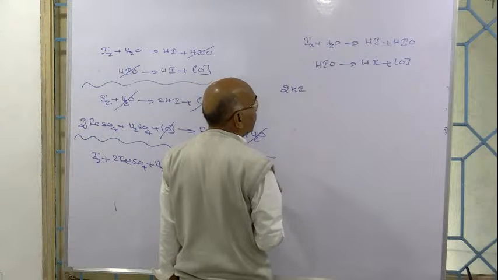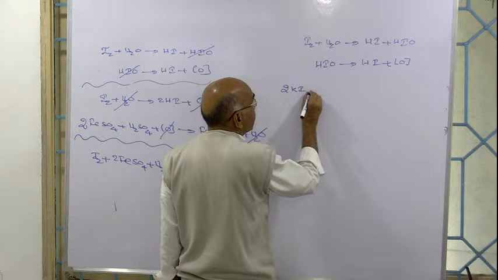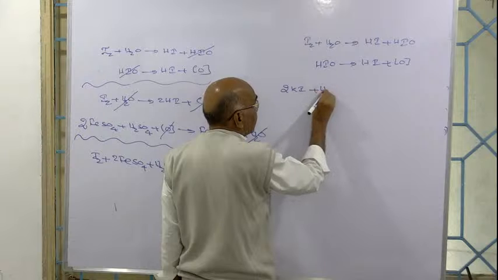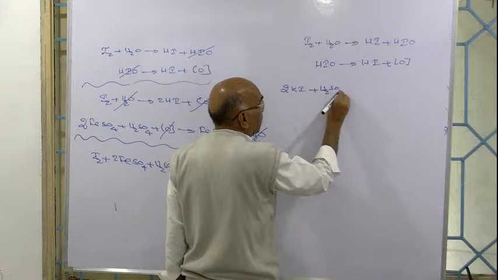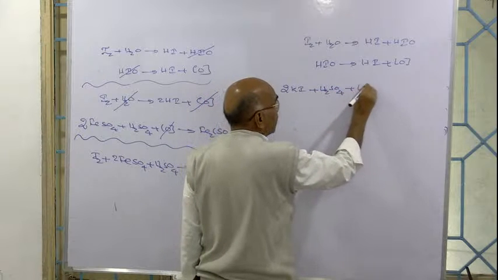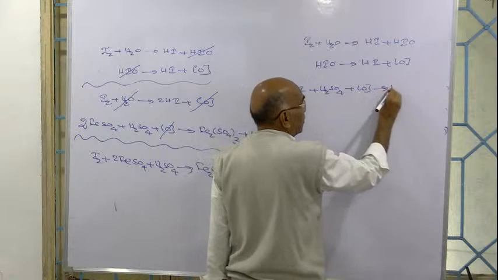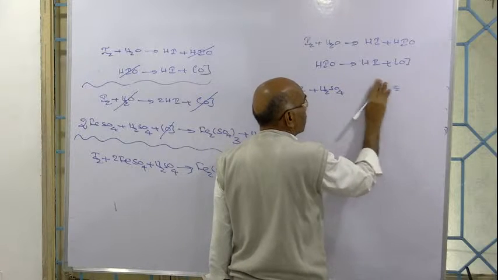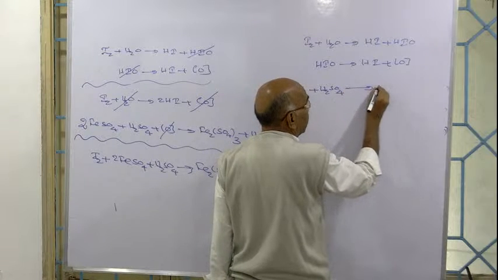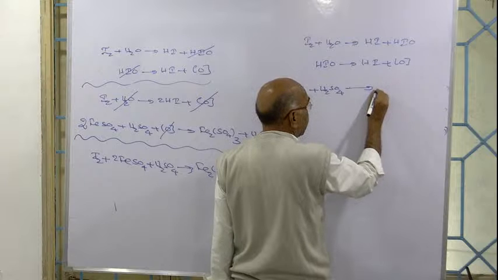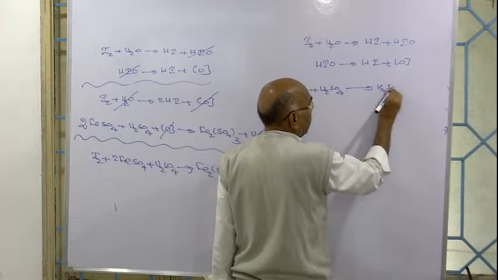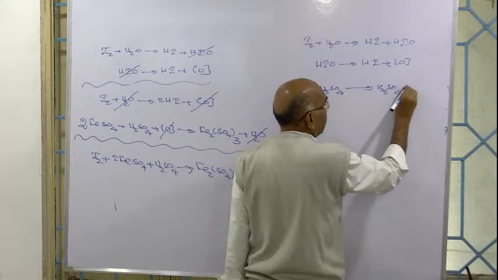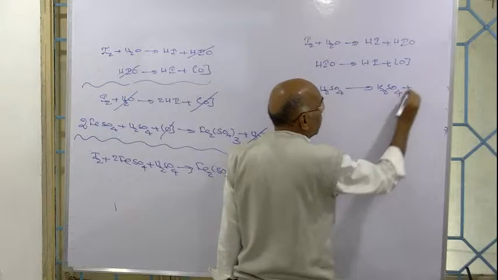Potassium iodide plus sulfuric acid plus oxygen gives potassium sulfate plus 2HI.